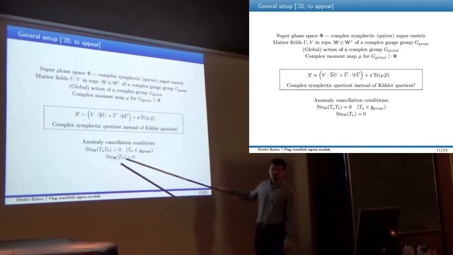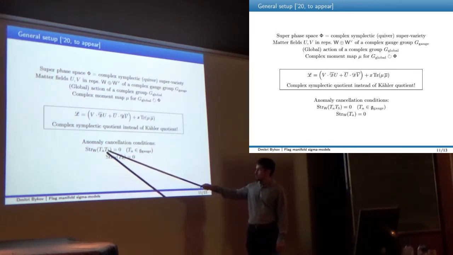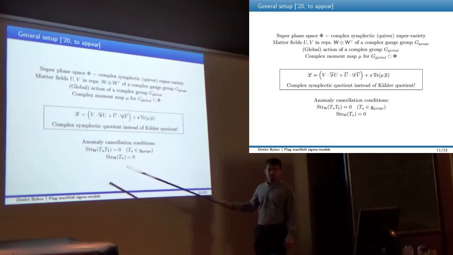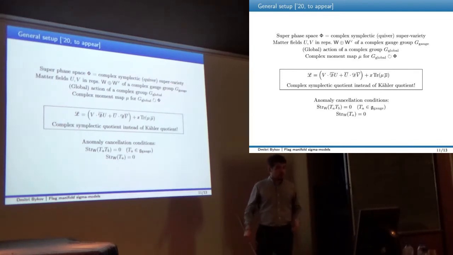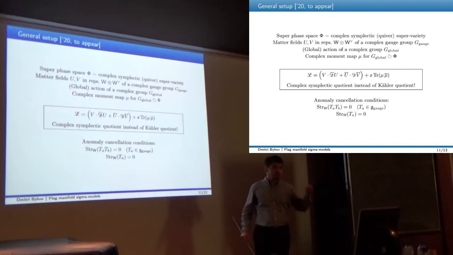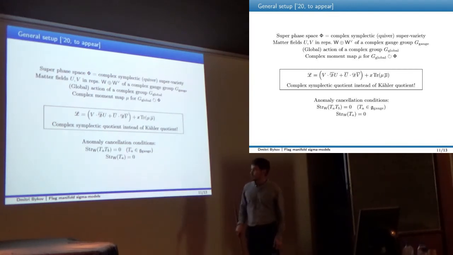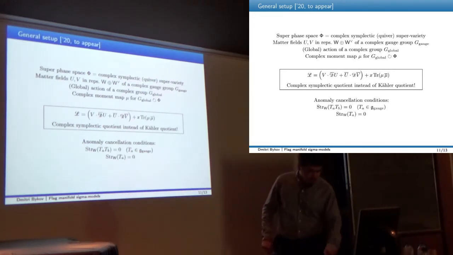And you have anomaly cancellation conditions, which say that the supertrace of a product of two generators of the gauge group is 0. This is the same as the cancellation of determinants on the previous slide. You remember that the effective action is quadratic in F, so that's the reason why there is this quadratic relation. And the supertrace comes in because, of course, you subtract the fermions from the bosons and so on. So the proposal is that these should be integrable models.